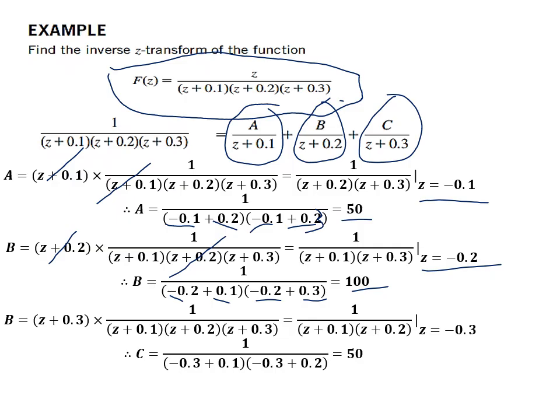Then we get the third coefficient, which is c. We multiply the equation on the left by z plus 0.3, then we cancel z plus 0.3 with z plus 0.3. We have 1 divided by z plus 0.1 times z plus 0.2 and substitute z equals negative 0.3. We have 1 divided by negative 0.3 plus 0.1 times negative 0.3 plus 0.2, which is equal to 50.